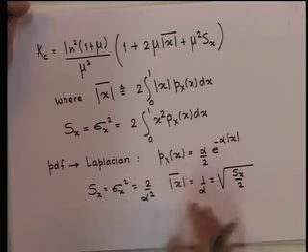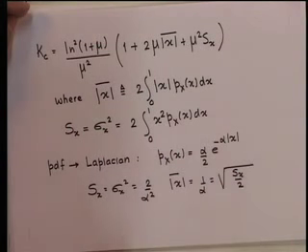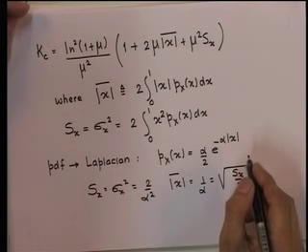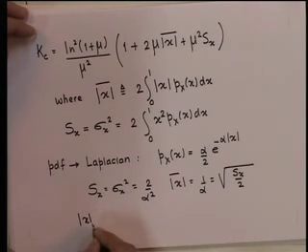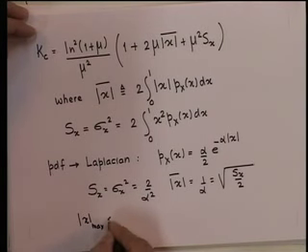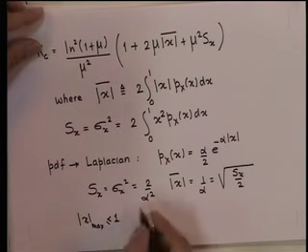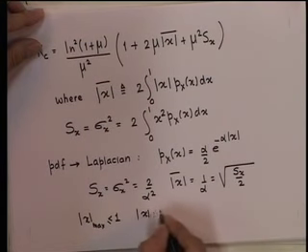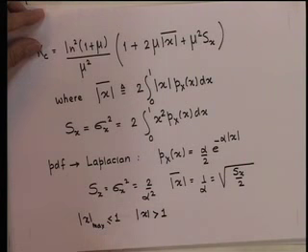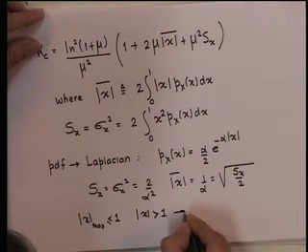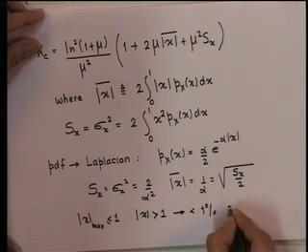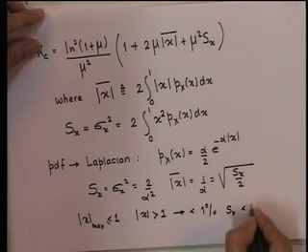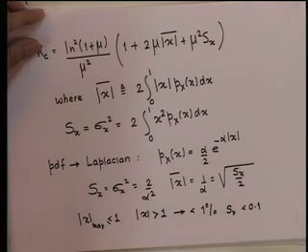Now, unfortunately, this PDF cannot be normalized for x max less than or equal to 1, but the probability of mod x being greater than 1 is less than 1% if S x is less than 0.1.